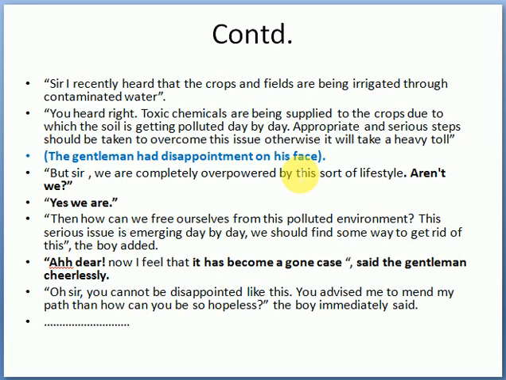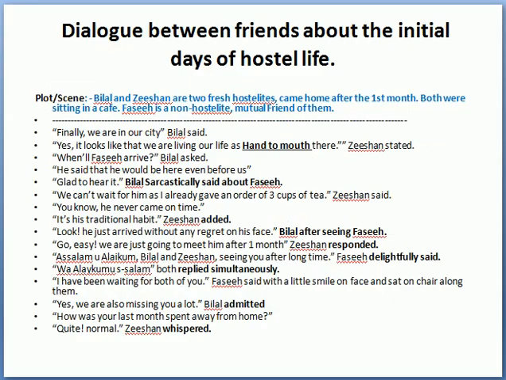You may see the actions being described in parentheses. The use of the question tag, "aren't we?" "Yes, we are." Then the emotions and feelings being described by using the exclamation mark, the use of idioms, said the gentleman cheerlessly, the way the person has uttered the thing has also been described effectively.